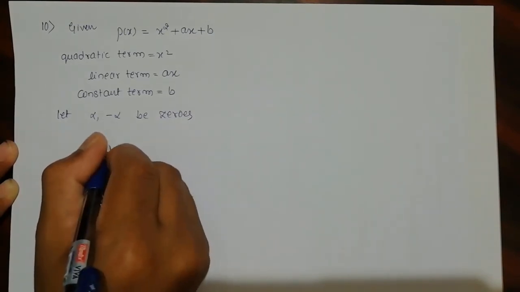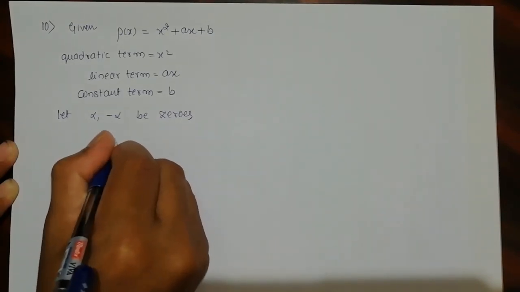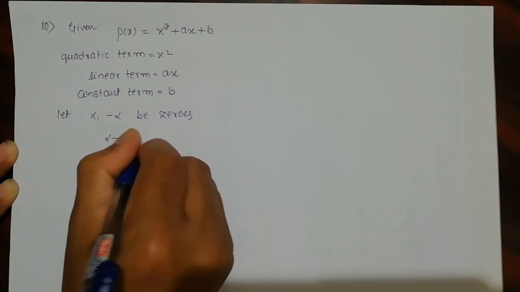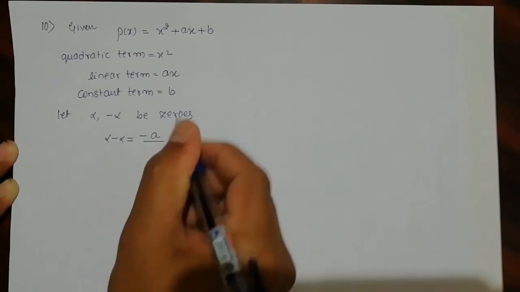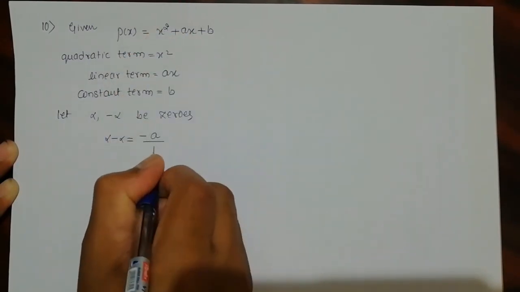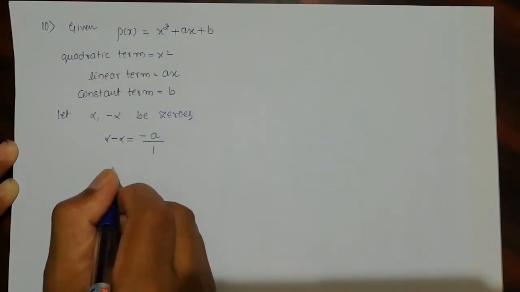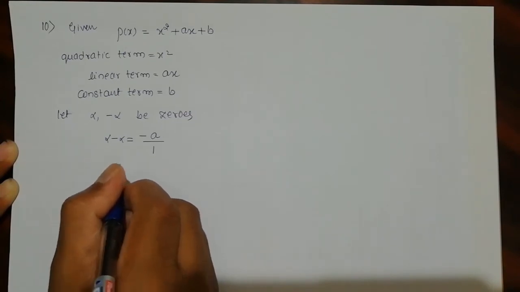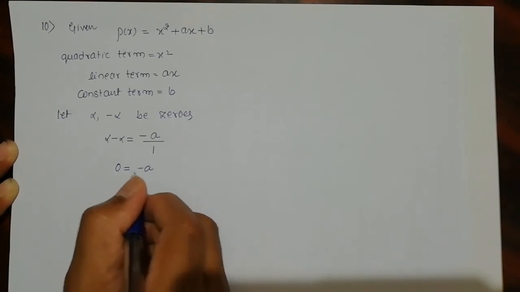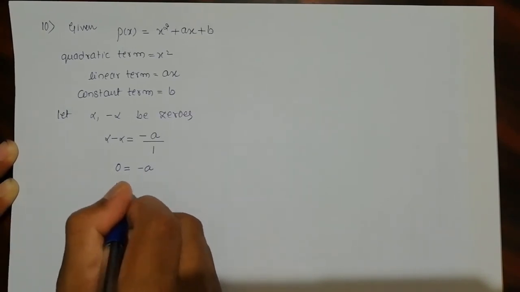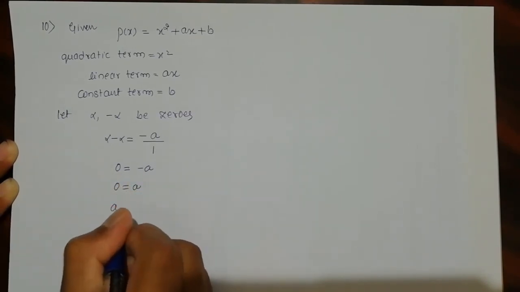Now if you consider the sum of the zeros, alpha plus minus alpha is equal to minus the coefficient of x divided by the coefficient of x square, which is 1. Alpha minus alpha is actually 0. So 0 is equal to minus a. If you shift the minus, a is equal to 0.